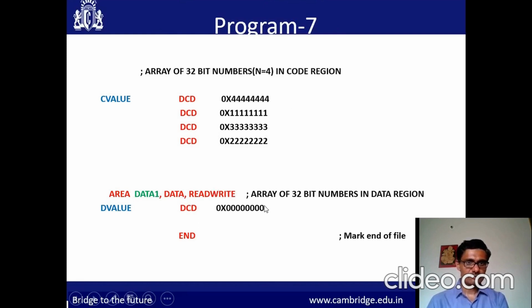It is initialized with 0. This particular memory location will be modified during the execution of the program. This is not modified. So what we have to do is first copy this data from the code region to the data region, that is from C value to D value.